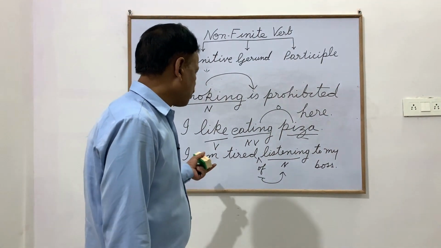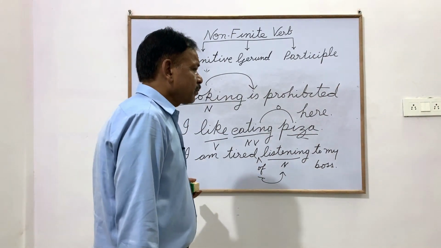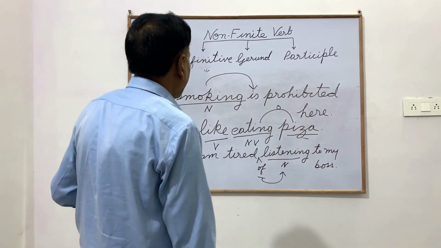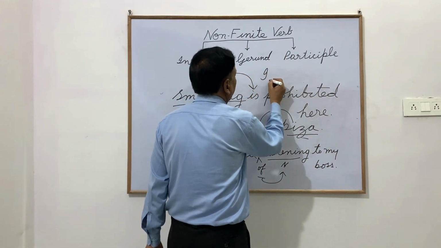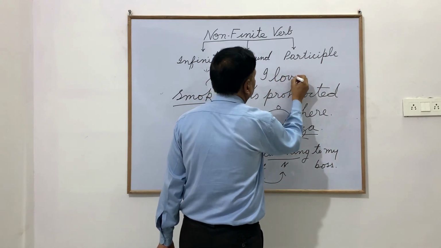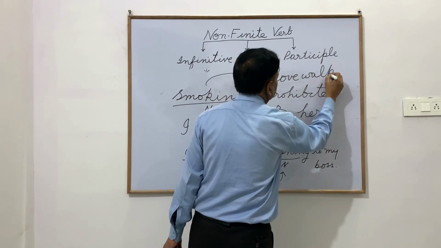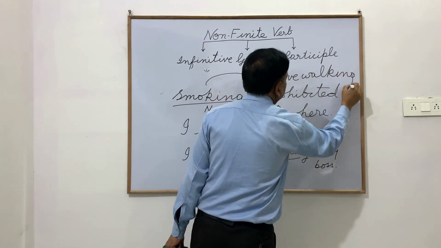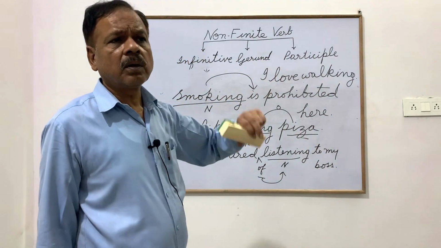Similarly, you can make many sentences of this sort. Then we have, for instance, I say, I love walking. Here, this is what?